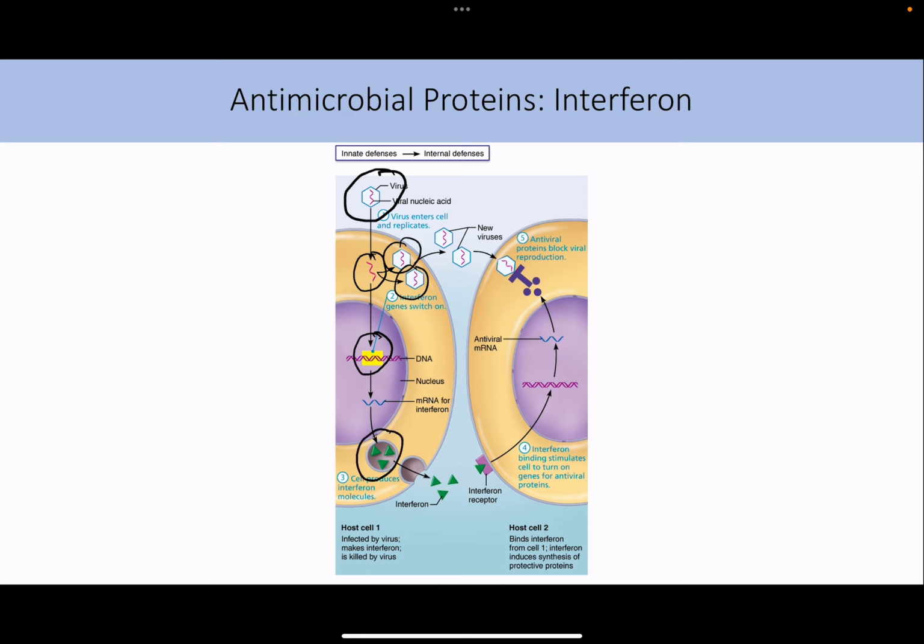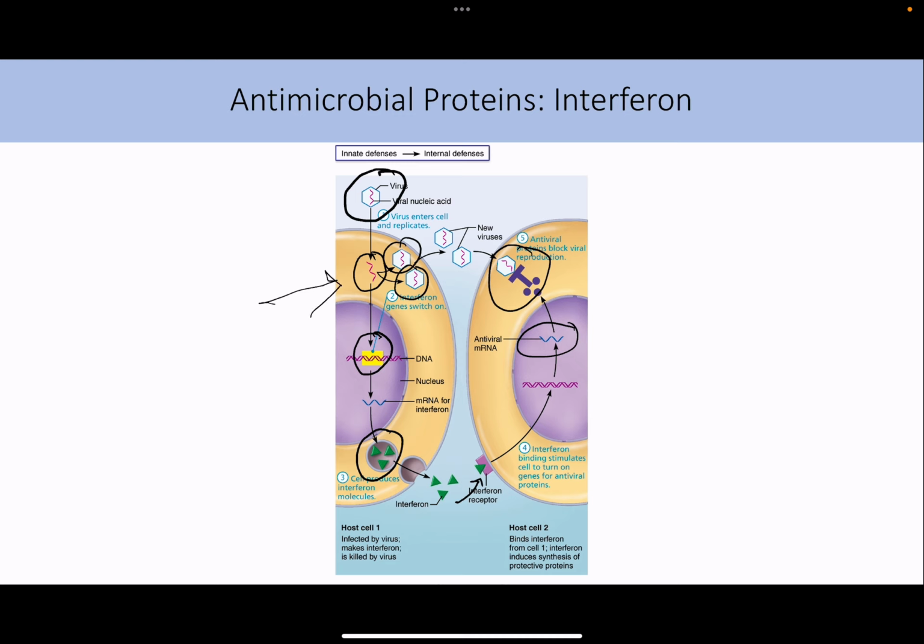That interferon then attaches to a neighboring cell, and now that neighboring cell, because of this interferon attaching to the cell membrane, produces an antiviral mRNA, which then blocks the entry of the virus.